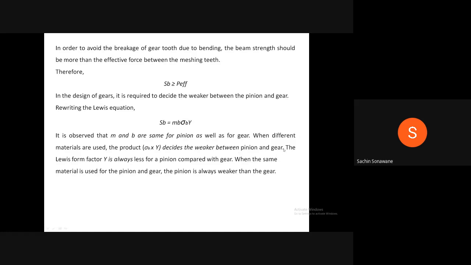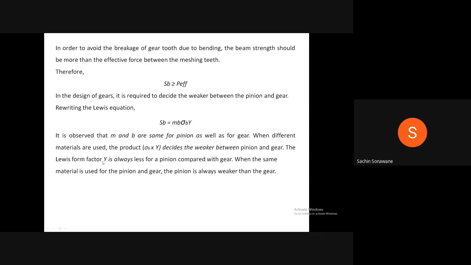pinion and gear. The Lewis form factor Y is always less for a pinion as compared to gear, because if you observe the table, the Lewis form factor Y depends upon the number of teeth. Therefore, for a pinion, there are always fewer teeth.